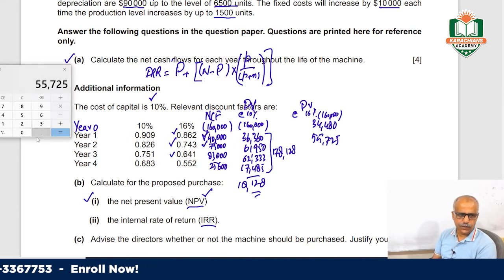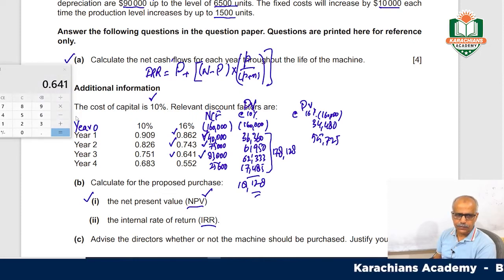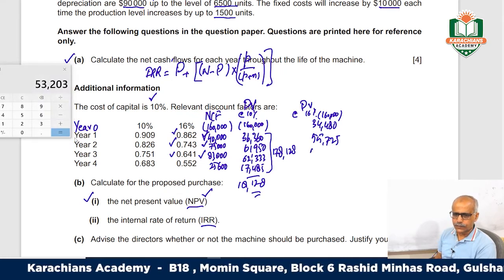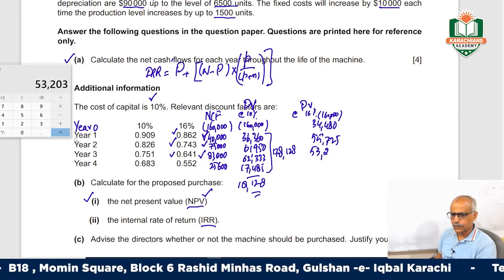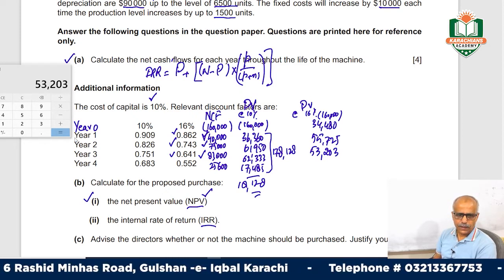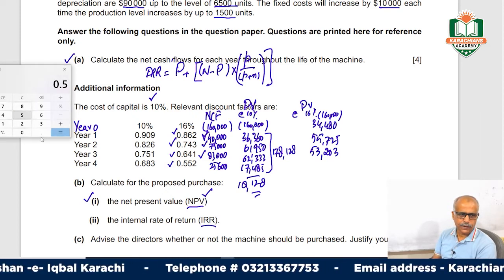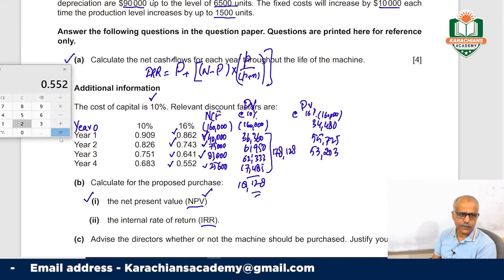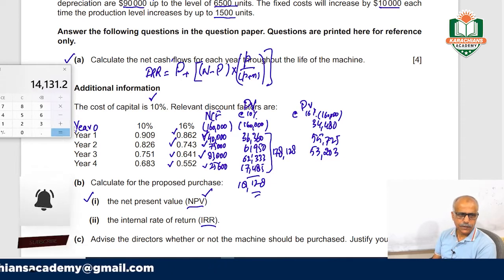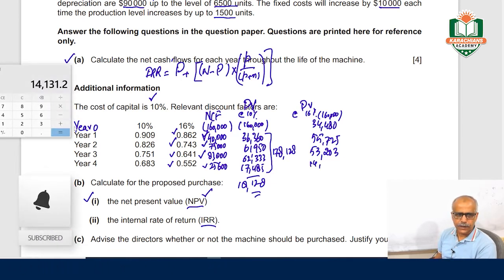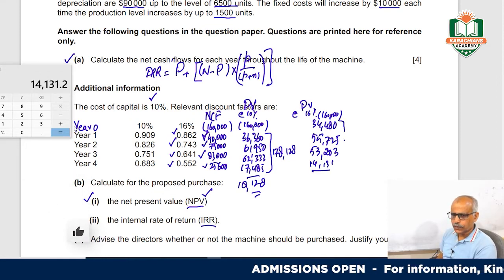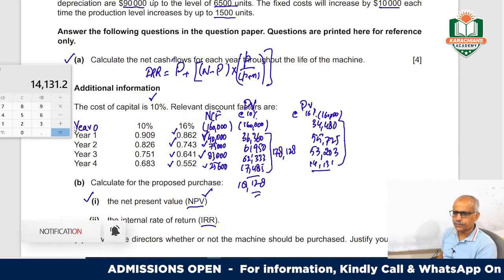Then 0.681 multiplied by 83,000 is 53,203, and then 0.552 multiplied by 25,600 will be 14,131. Okay, so we will do the calculation and total these.